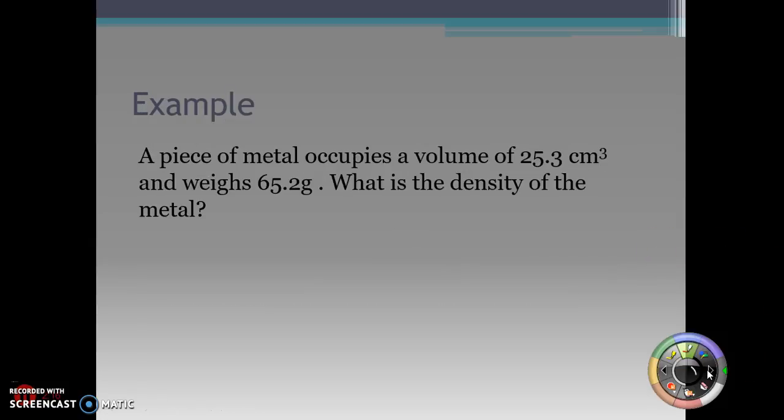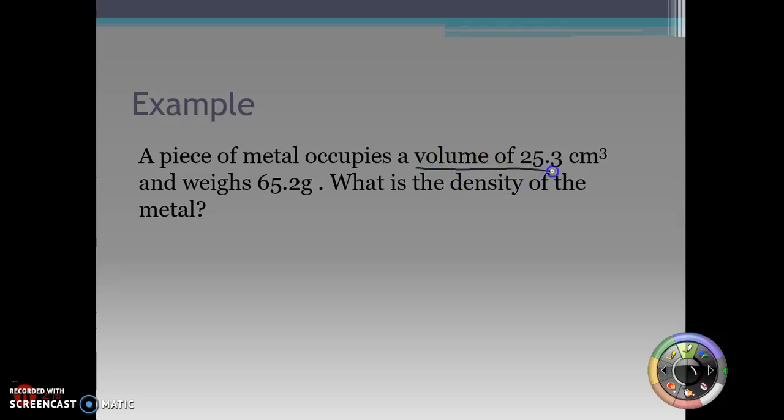So if we look at this example, we have a piece of metal occupying a volume of 25.3 cubic centimeters. And it's weighing 65.2 grams. They want to know what is the density of the metal. So anytime we have a word problem, the first thing we should do is write down the equation or write down our variables. Let's start there.